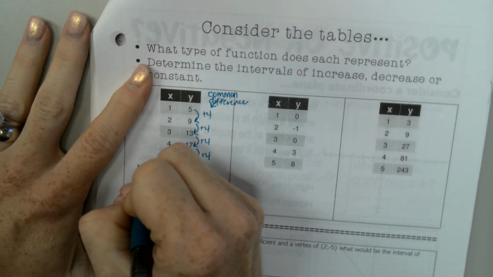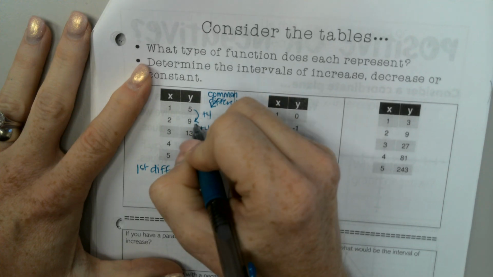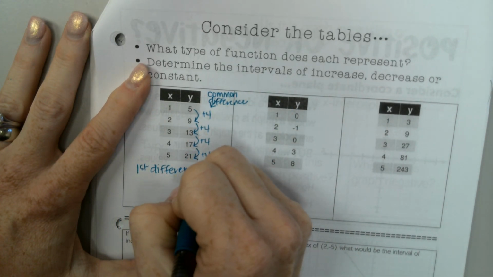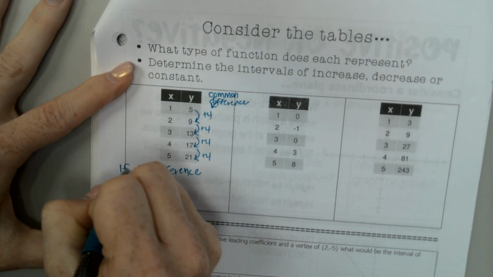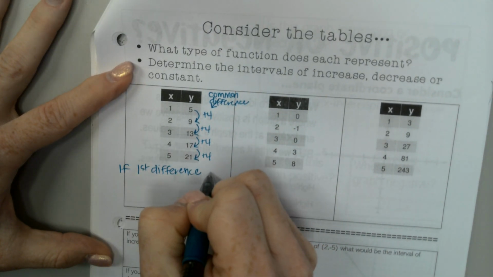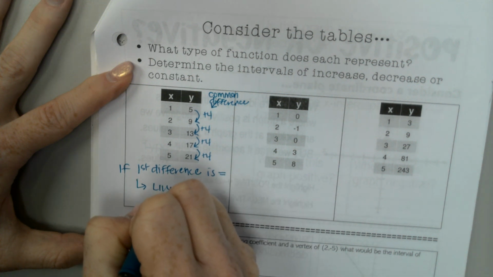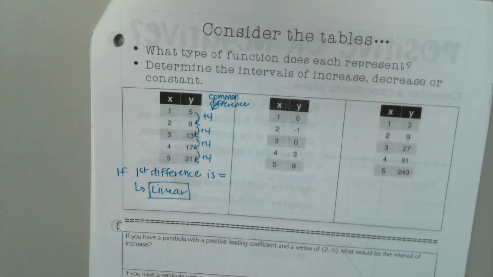So because the first time that I found that pattern is the same, we call this the first difference, okay? If the first difference is equal, that makes this a linear function.